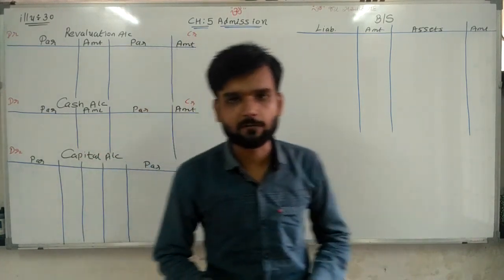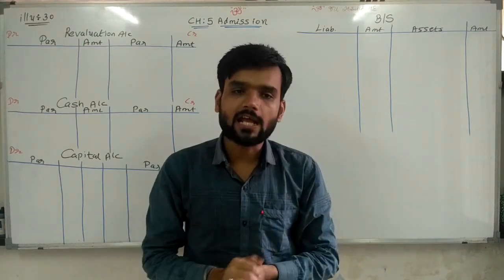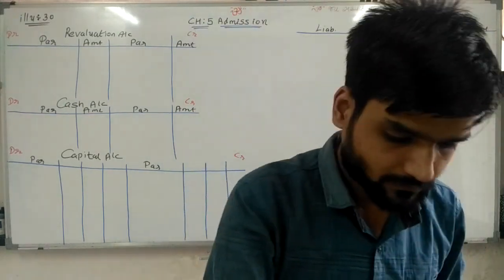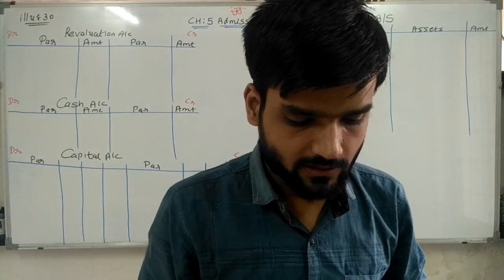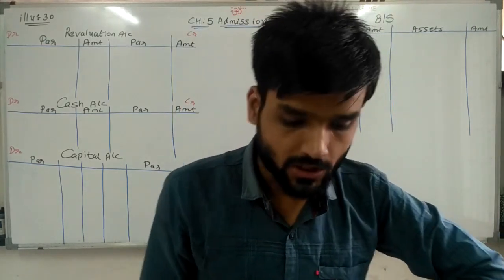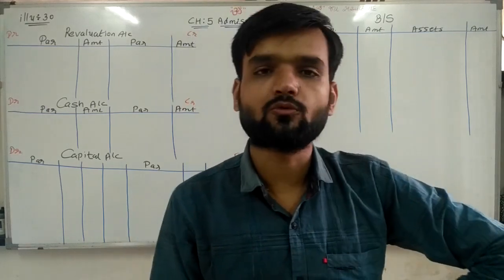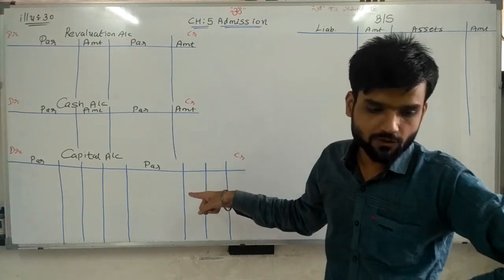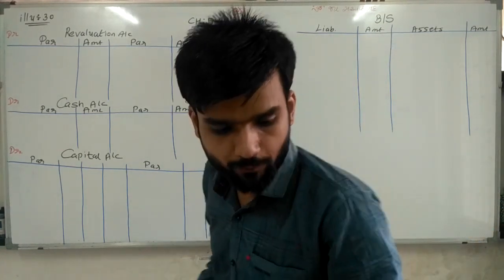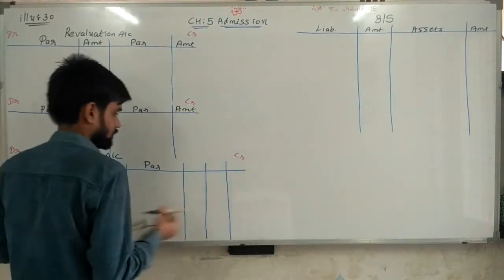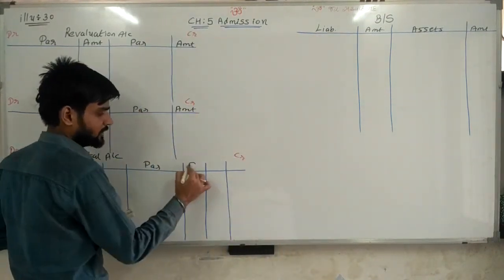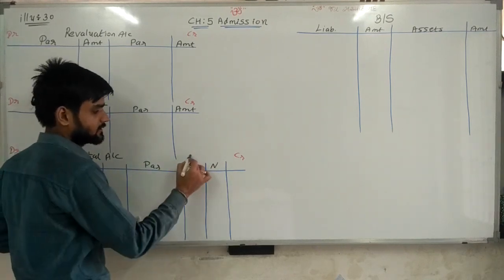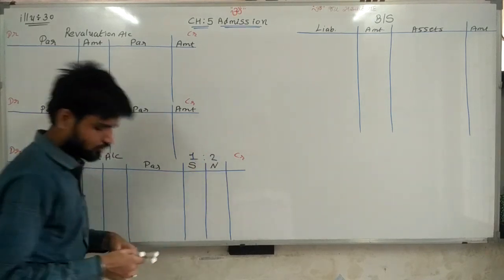There is no change in other things. So first of all, reading the question. Illustration number 30. Shivani and Neeraj are the partners in a firm, sharing profit and loss in the ratio of 1:2. So first of all, I am writing the names Shivani and Neeraj and their P&L ratio 1:2.